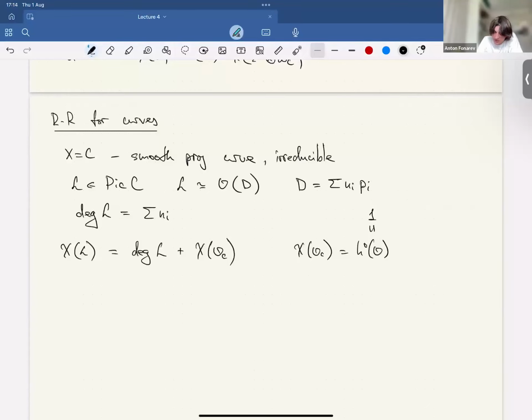Yes. So then if it's smooth connected, then it's irreducible. You have only constant global sections. The only global functions are constants. So this dimension is 1 minus H1 of O. And this number we call G, and this is the genus.